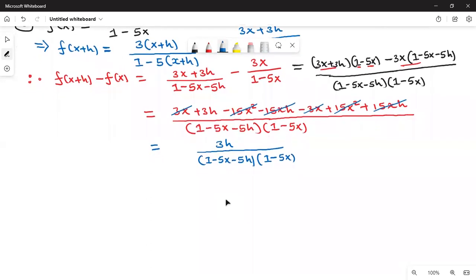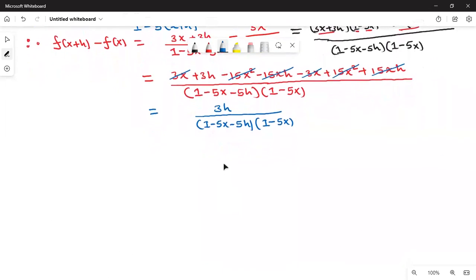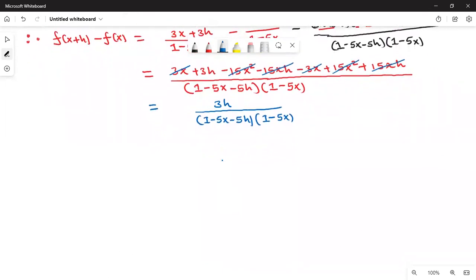So now we need to find f prime of x using first principle. Hence, our f prime of x is now the limit as h approaches 0 of the numerator, which is f of x plus h minus f of x.